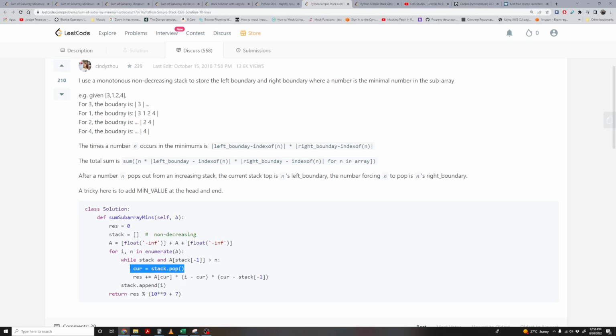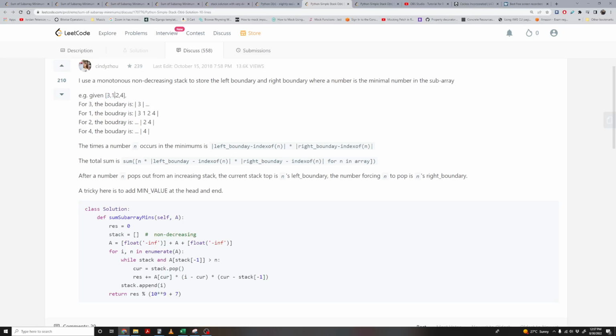For this popped value, we know its right hand side boundary and its left hand side boundary. Let me say it again. Let's say we are looping through this array. When we are at 3, we still don't know what is its right hand side.